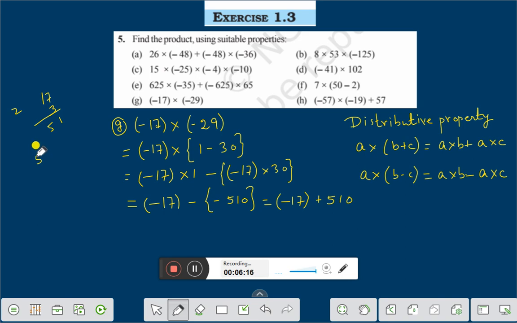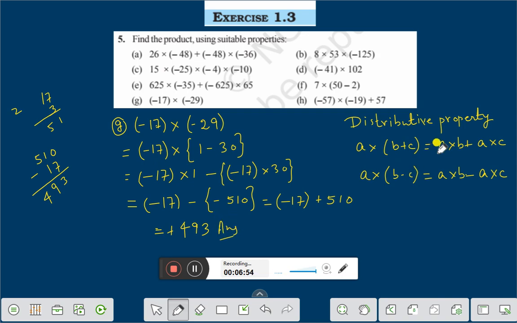This is 510 minus 17, that comes to 493. The sign is plus because 510 is greater. So plus 493 is the answer.